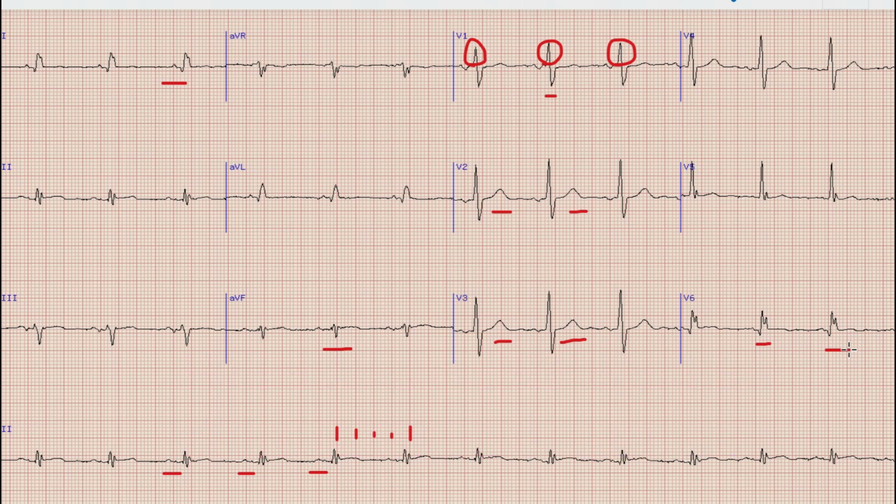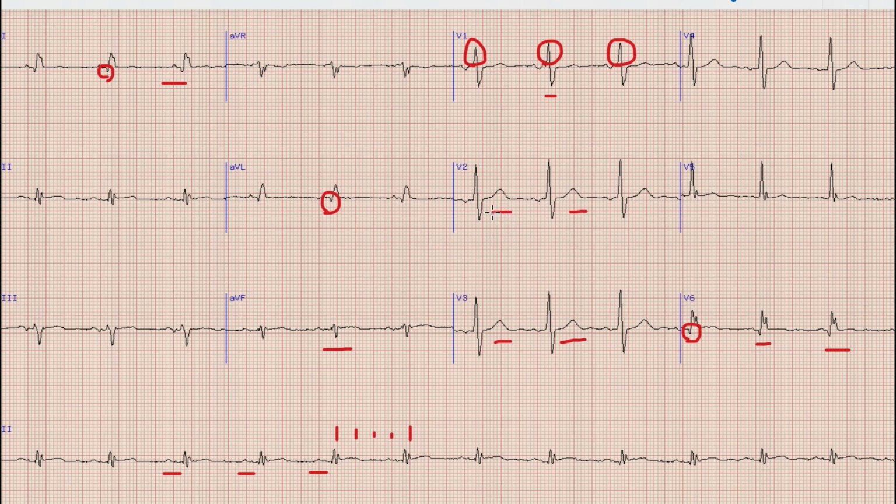Now, another important cause for a prominent R wave in lead V1 is the presence of ischemia. If we look at lead V6, we can note that there are small Q waves in lead V6. Similarly, there are Q waves in lead 1 and aVL.